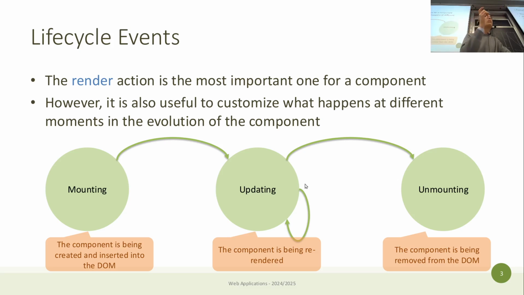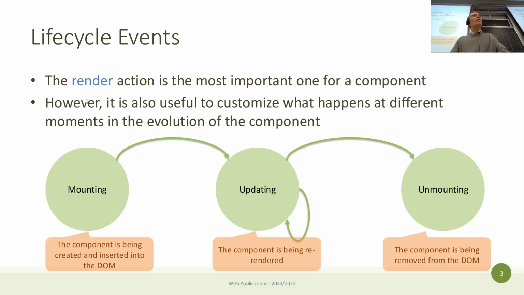So every time a prop or a state changes, okay, that involves the component. And then at a certain point, it may be unmounted. It means that it disappears from the element tree. Okay, and in this case, it's simply destroyed. Okay, so all the state belonging to the component is lost.